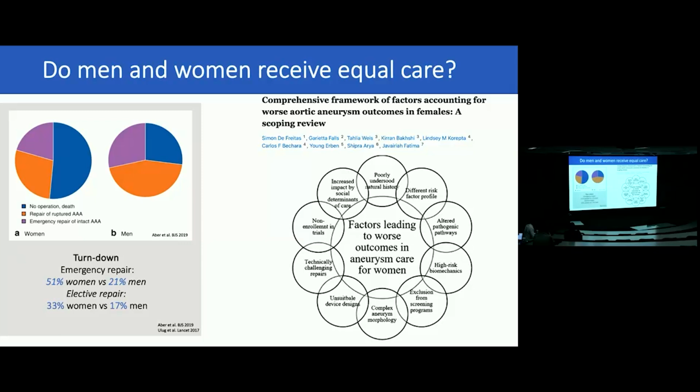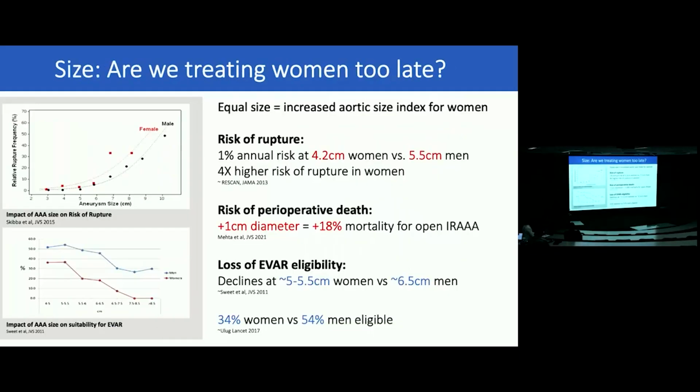Some of it may be patient preference, and some of it may be provider bias, and it's unclear which it is. So at the size that we treat men, which is around 5.5 centimeters, the aortic size index, which adjusts aortic diameter by body size, is higher in women. So the question is, are we treating women too late because their aortic size index is worse at the same diameter as men?